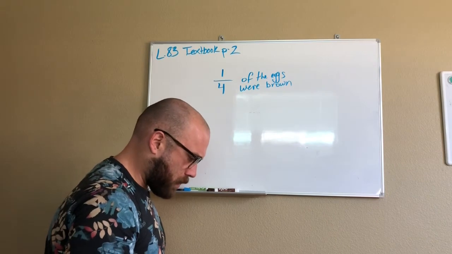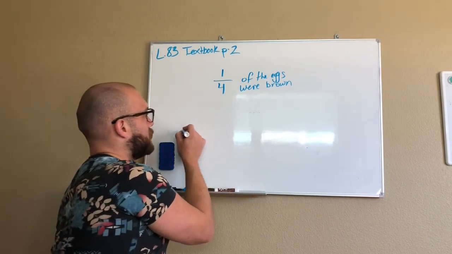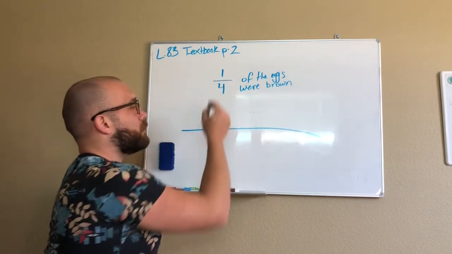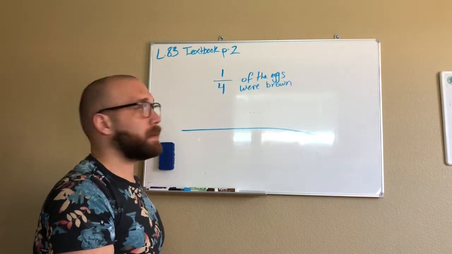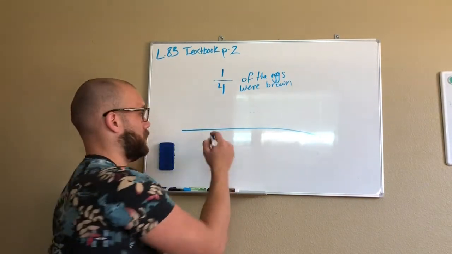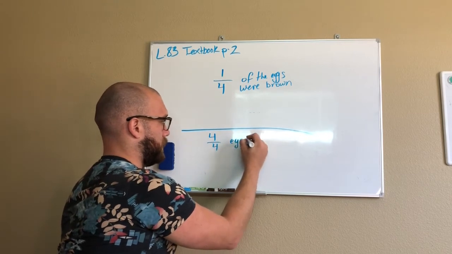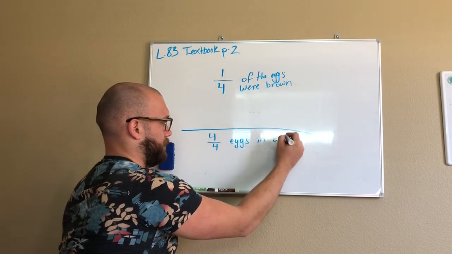So, then it asks us, what's the fraction for all the eggs? I have 1/4. All of them would be, the numerator and the denominator are the same, so 4/4. 4/4 eggs in all.